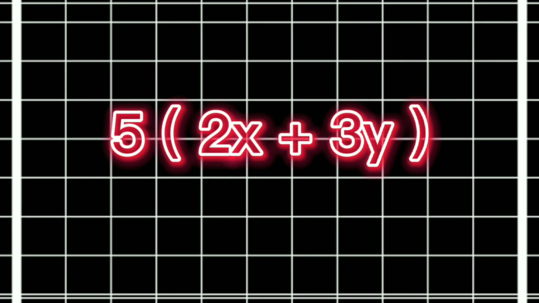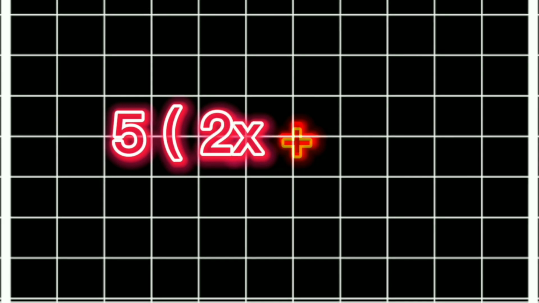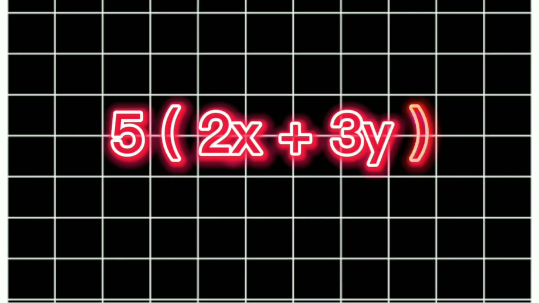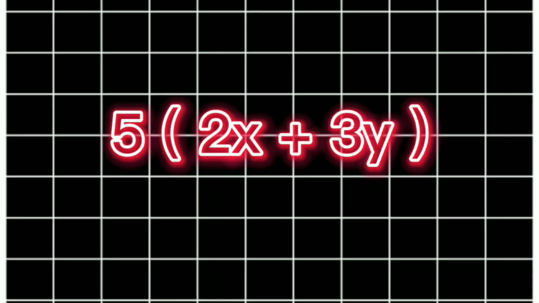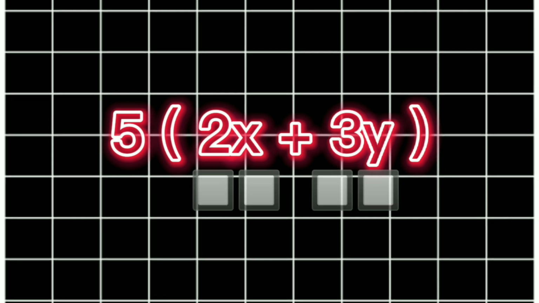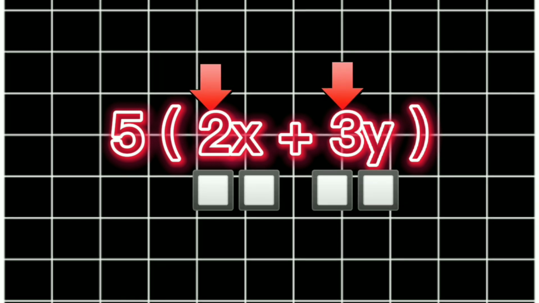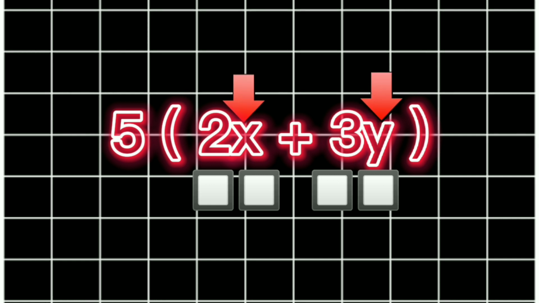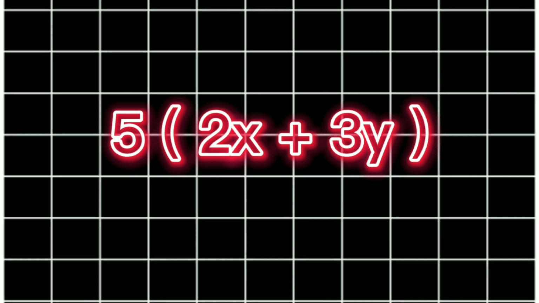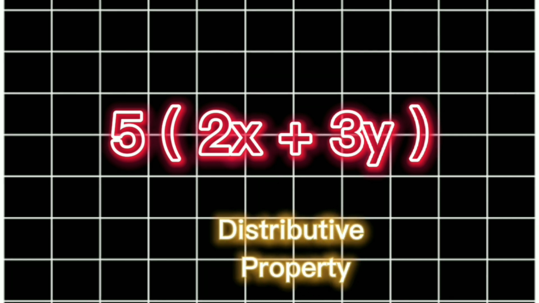Like this: 5 times the group 2x plus 3y. In this expression, each of the terms in the polynomial does have a number part that is being multiplied by the variable part. But we can still use the distributive property to distribute a copy of the factor 5 to each term in the polynomial.